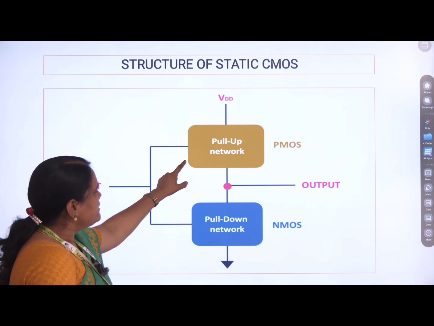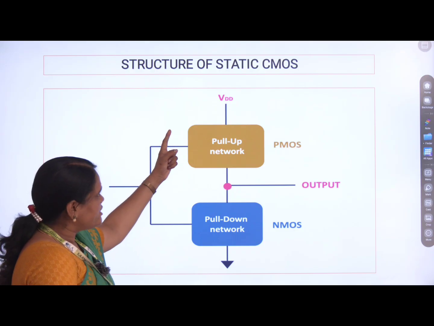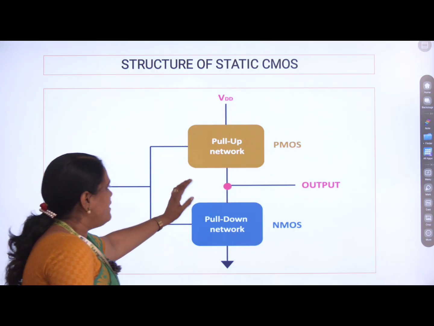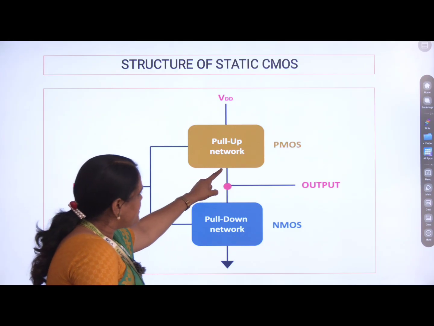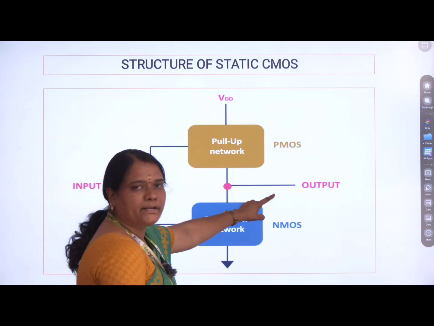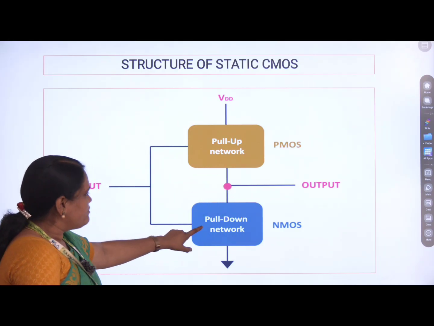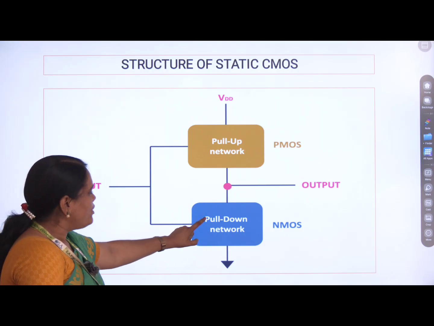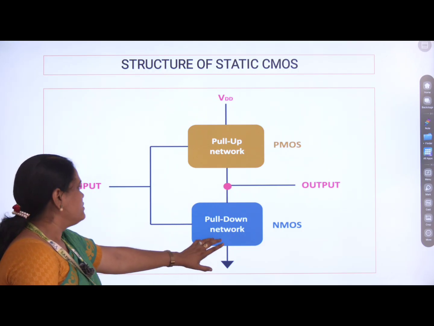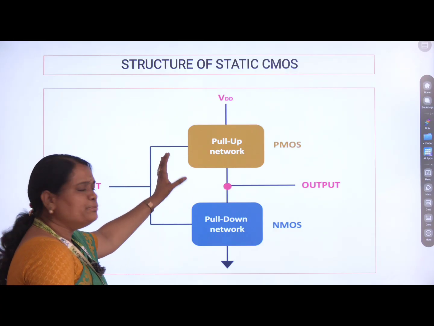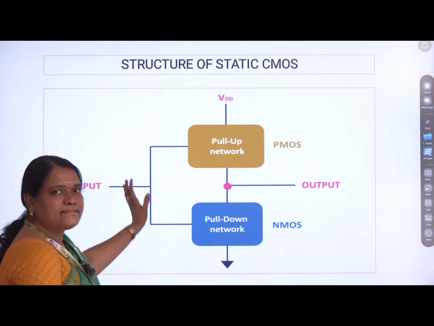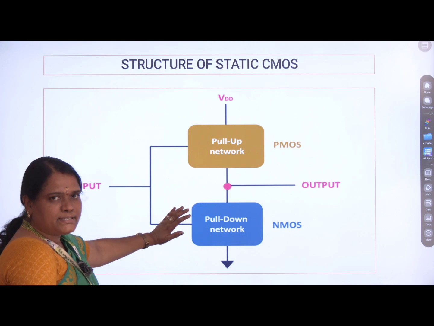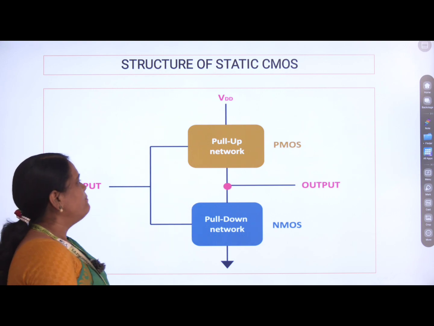Here there is one pull-up network which is connected to VDD and uses PMOS for its design, and the output is taken across the pull-up network and the pull-down network, which uses NMOS for its design. The pull-down network is connected to ground. Input is common to both pull-up and pull-down. It shares the input. Always the input is applied to the pull-down, which can be shared with the pull-up network.